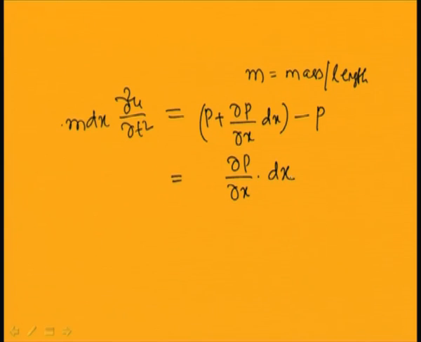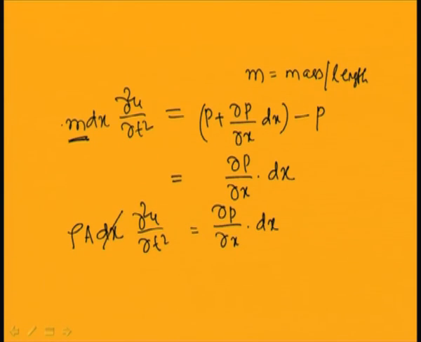I can write this equation in this form. The mass of this element will be equal to rho into A into dx, where rho is the density. So rho A dx into del square u by del t square equals del P by del x into dx.